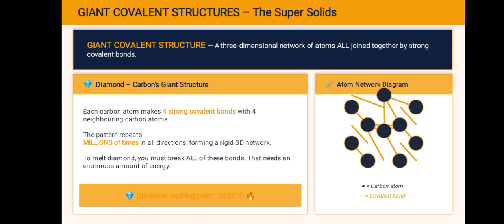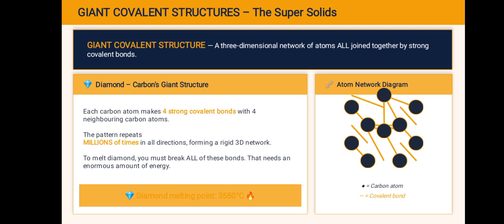Diamond is the perfect and most famous example from your daily life. In diamond, every single carbon atom is bonded to 4 other carbon atoms by strong covalent bonds. And those 4 carbon atoms are each bonded to another 4 and so on, in all directions, spreading out.